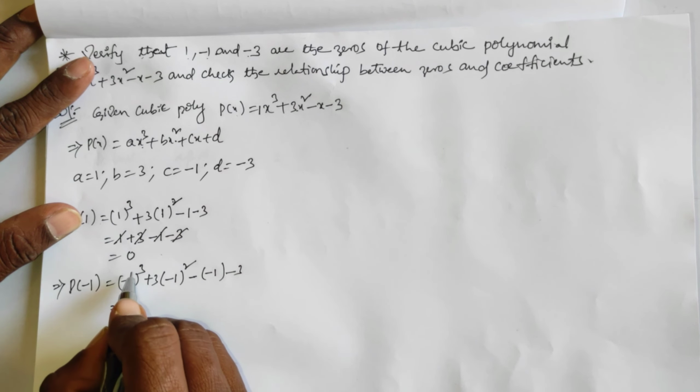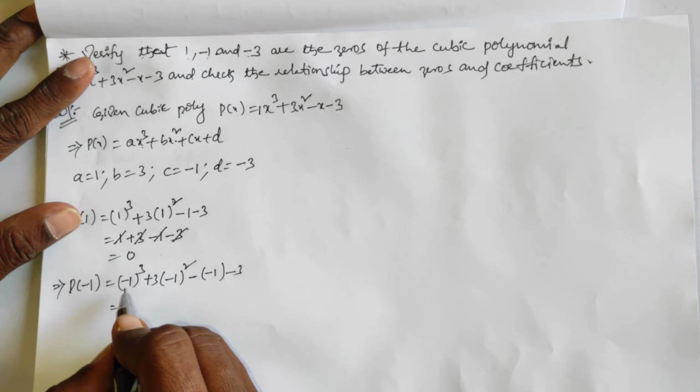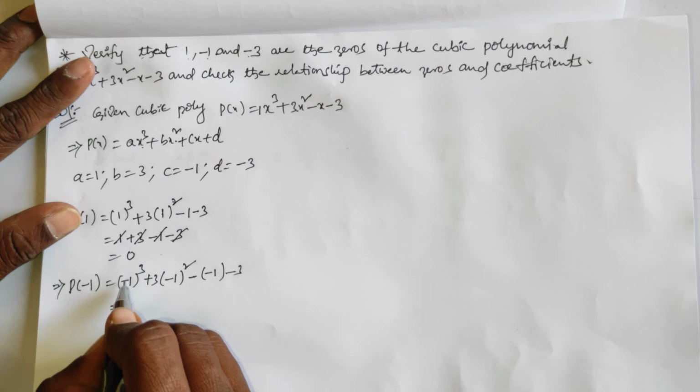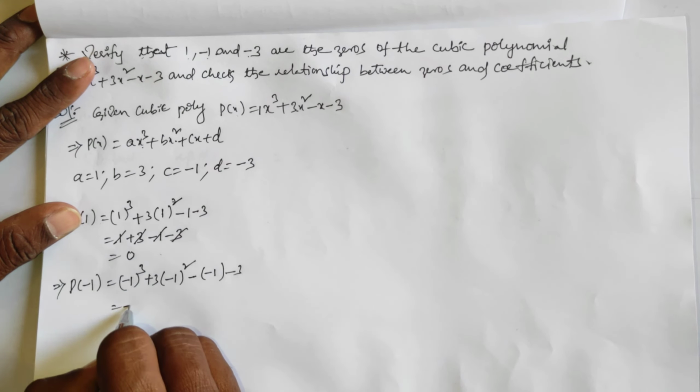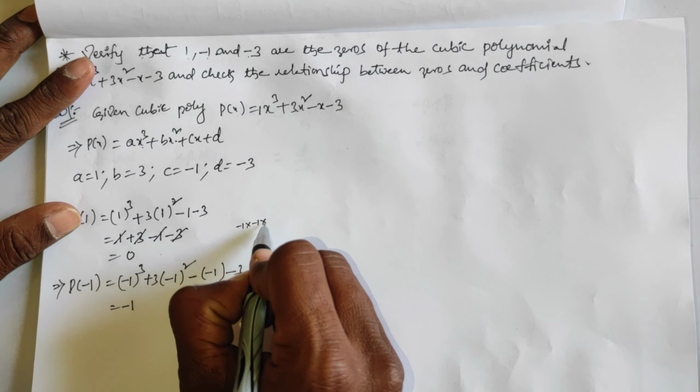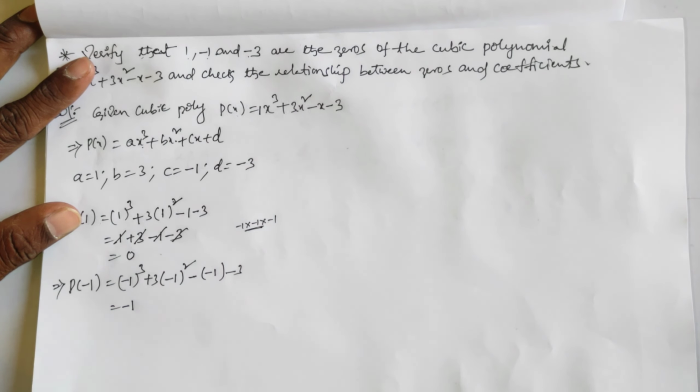Now we know minus 1 whole cube means minus 1 into minus 1 into minus 1. When the power is odd, you will get the minus sign only.